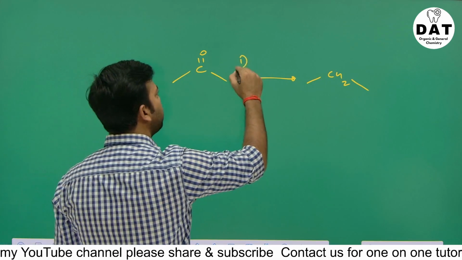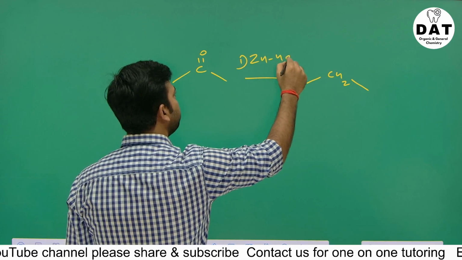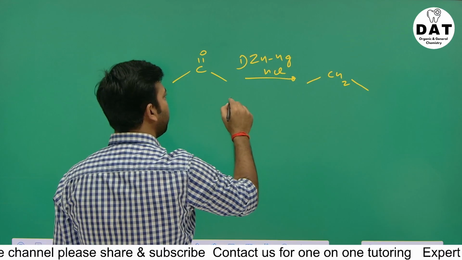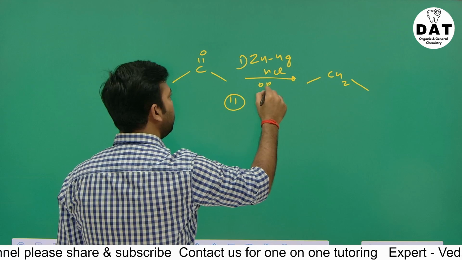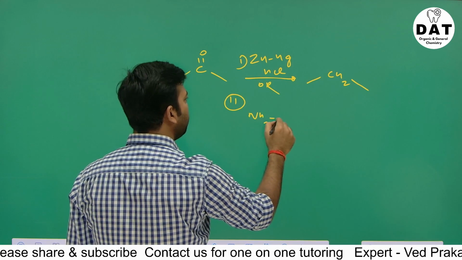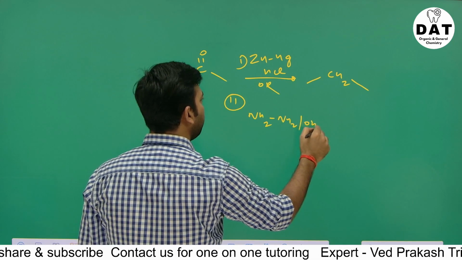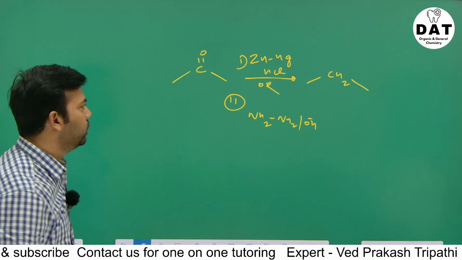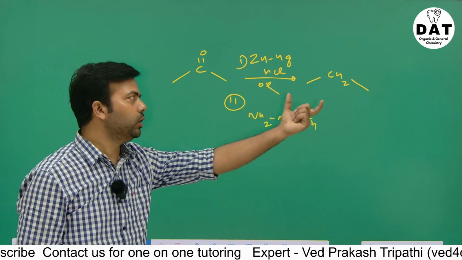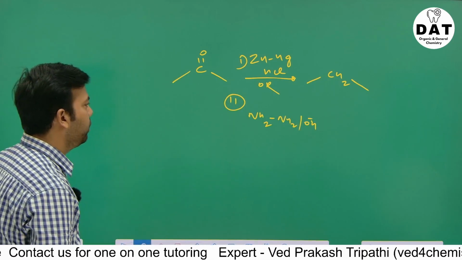The very first one is Zn-Hg/HCl, and the second one, you can use NH2NH2 with OH-. Both are going to reduce the carbonyl into a CH2 group. This is a very, very important one.